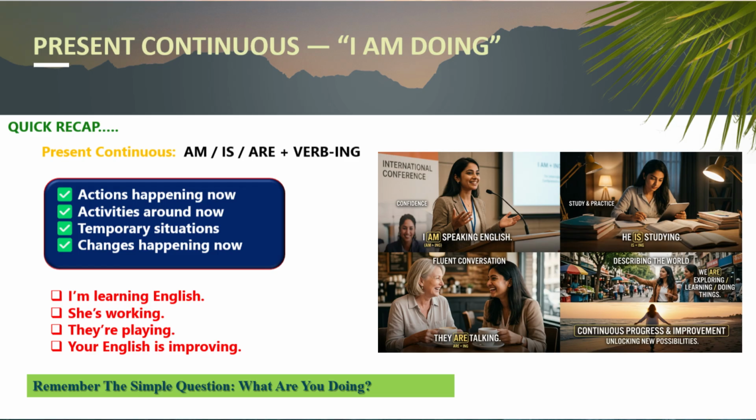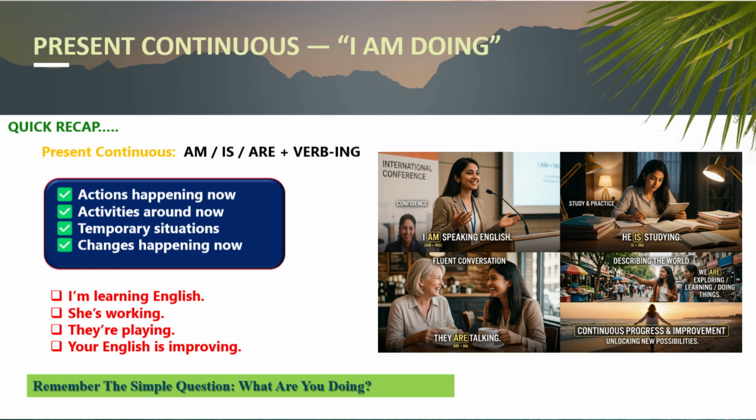We can also use it for something happening around now, such as I'm reading a new book, or I'm learning English these days. We can use it for temporary situations, such as I'm staying with my friend this week. And we can use it for changes, such as it's getting colder, your English is improving, and prices are increasing.